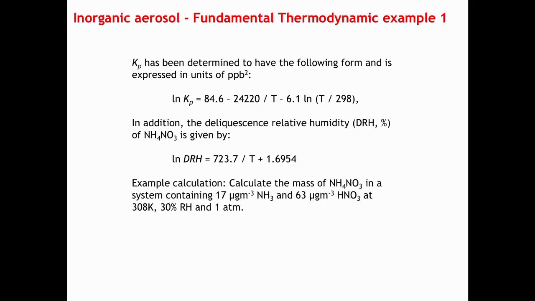So what's the molar mass of each? Well, 17 for ammonia and 63 for nitric acid. So you've got 7 or 8 parts per billion of ammonia at a molar mass of 17. Do the reverse calculation.